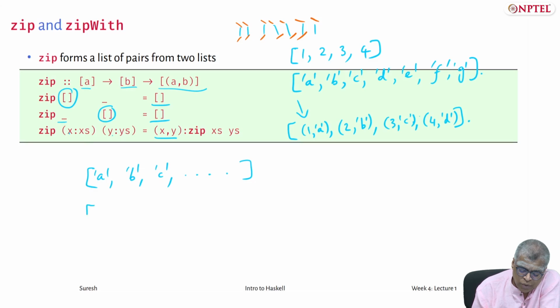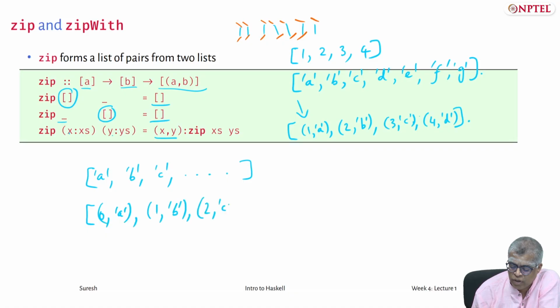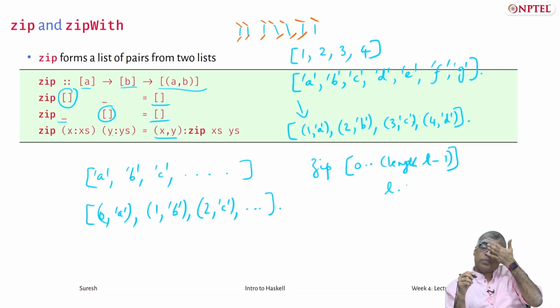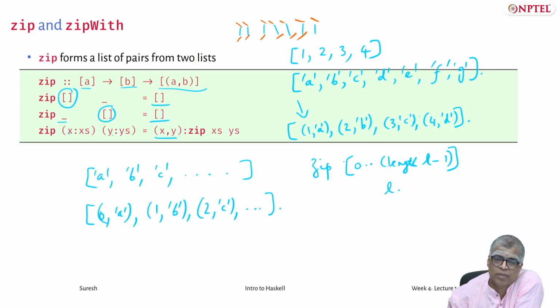So instead of this, I want 0A, 1B, 2C, etc. To do this, you just say zip 0 dot dot length L minus 1 with L. Okay, so you are zipping the list 0 dot dot till some length L minus 1 along with L, and actually it need not just be length L minus 1, it could be anything larger than length L minus 1 also.